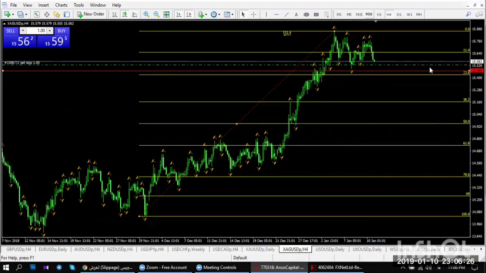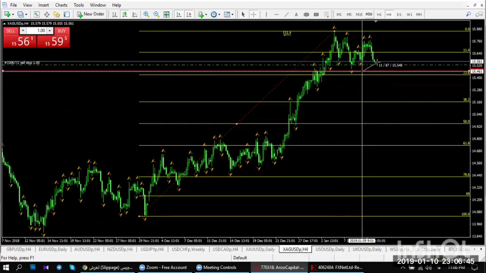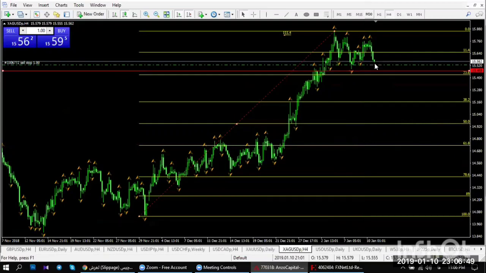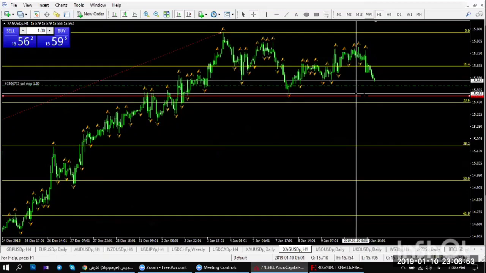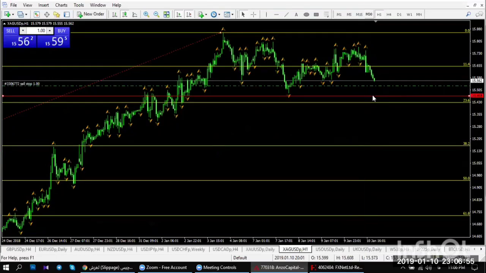Yes. But if we look at the prices here, this is 15,469. Do you want to calculate the number of the pips? Yes, that is appropriate. It's about 7 pips on the silver chart.